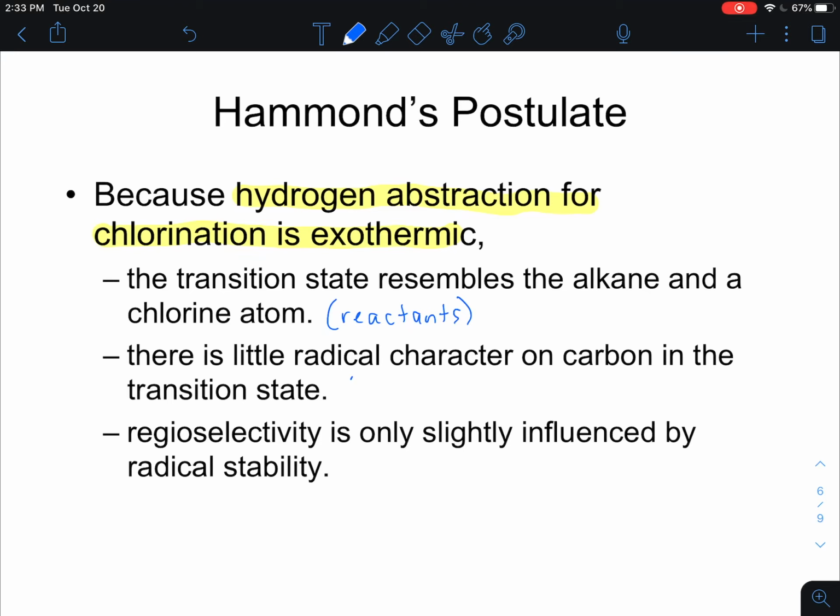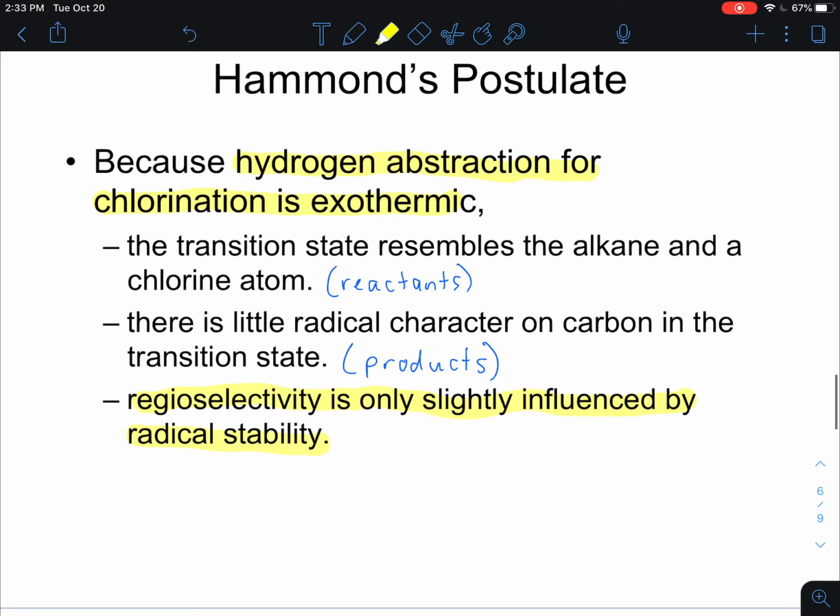Since the transition state looks more like the reactants than the products, the conclusion is that the regioselectivity is only slightly influenced by the radical stability trend. Since the transition state for chlorination isn't very radical-like, the radical stability trend favoring the radical forming on the more substituted carbon has less of an impact on the reaction.